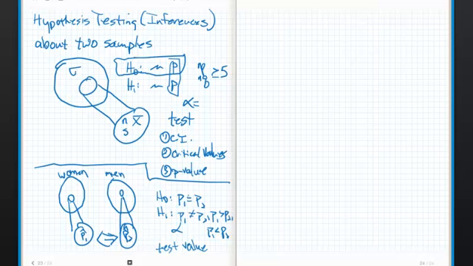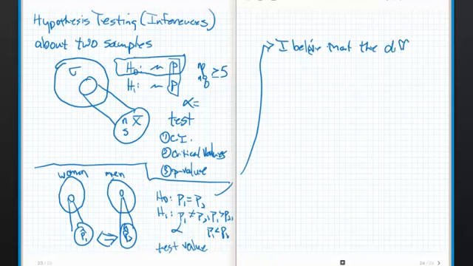We don't traditionally do this with proportions, but I do want to set it up. Let me say, I'm going to make a claim. I believe that the difference in support of candidate A of women over men is 5%. Sorry, that's terrible handwriting.